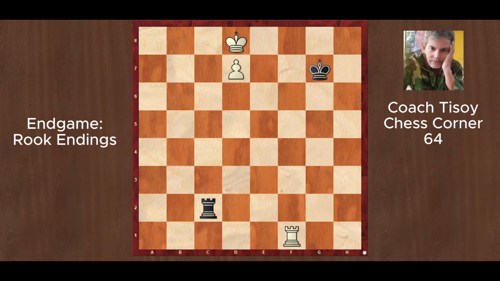This is a typical position, guys. The pawn has reached the 7th rank and black's king is cut off from it by the rook at a distance of 2 files. White has 2 ways of winning. Let us proceed. Number 1, white transfers his rook to the 8th rank. Let us see.